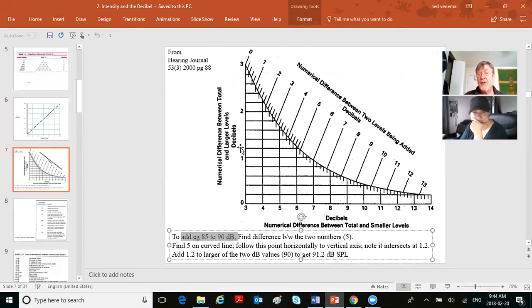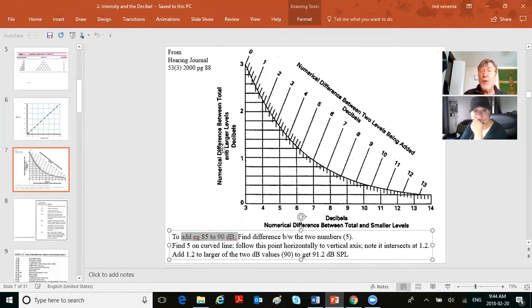Follow the point on the curved line leftward horizontally to the vertical axis. In this case, it intersects at 1.2, so you add 1.2 to the larger of the two dB values to get 91.2.